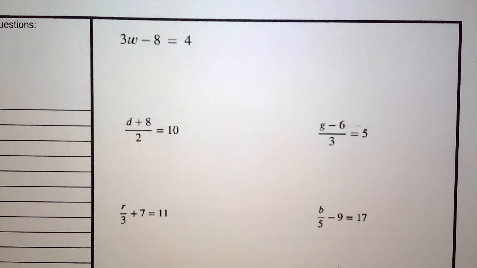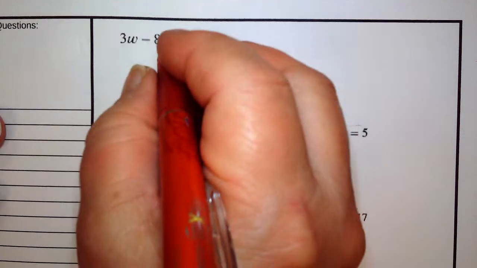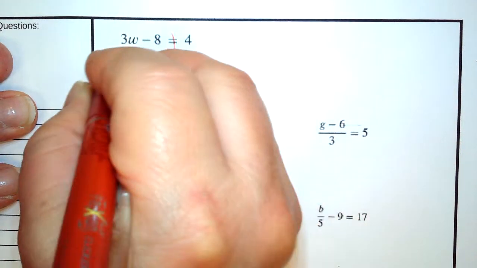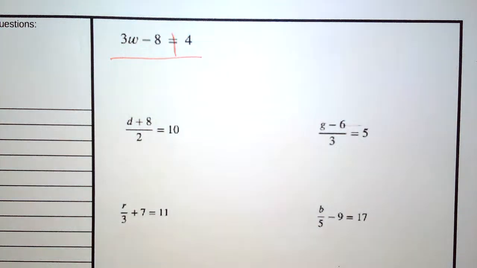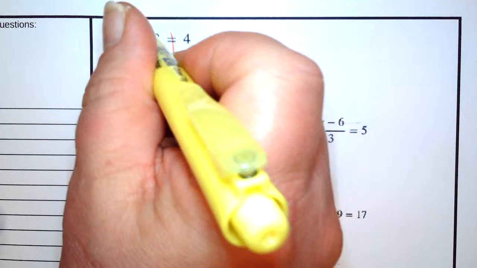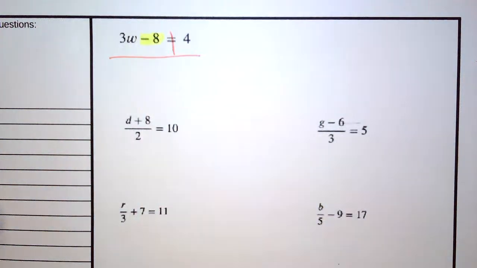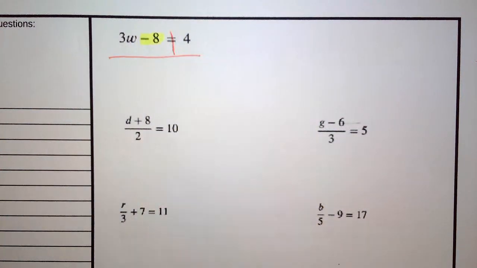Three times a number minus 8 is equal to 4. So I'm looking, the minus 8 was done last. So the minus 8 is the first thing I have to undo. The opposite of subtracting 8 is to add 8.